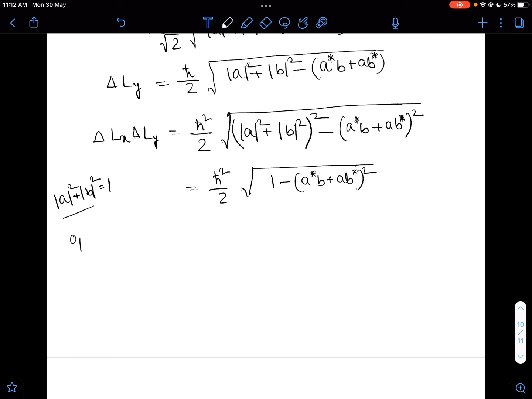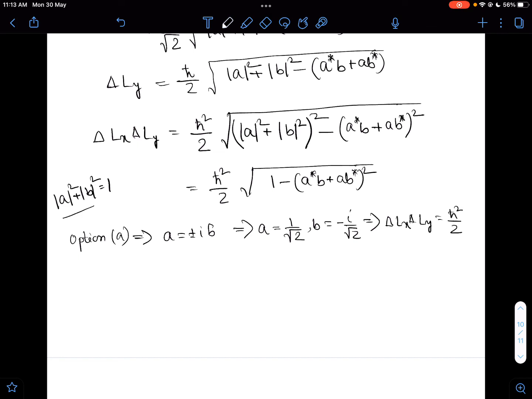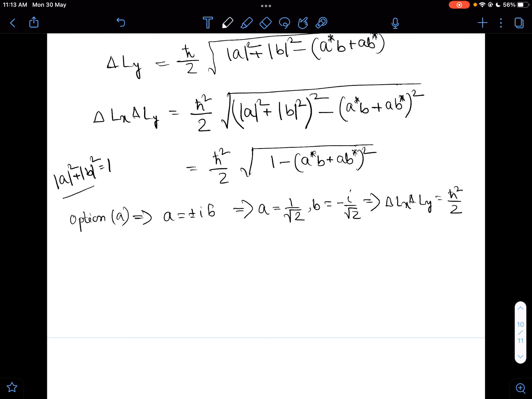So option A: if a is plus or minus ib, then we can consider a to be half, then b can be minus i by 2, and for this the ΔLx ΔLy value will be ħ²/2.